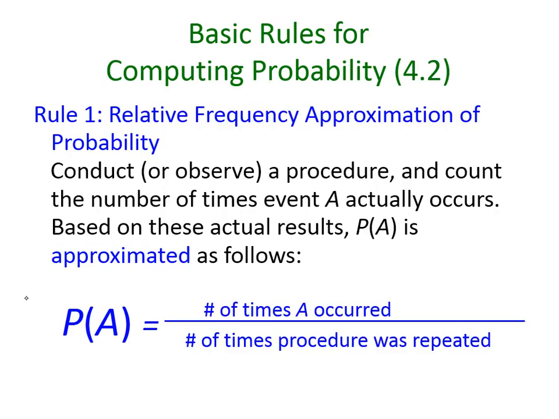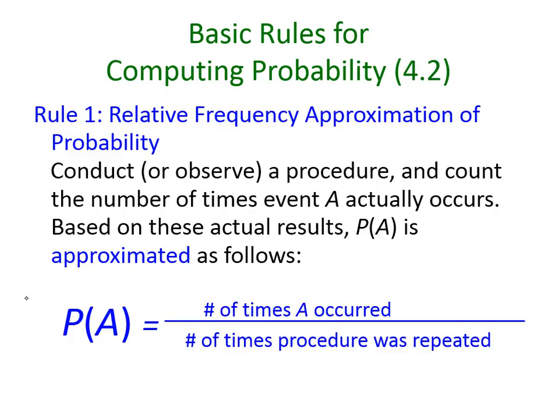So if we were flipping a coin, and I had everybody in here flip a coin 10 times and count how many heads we had, then we could go through and count how many people actually flipped heads out of how many different times we were flipping the coin. We got 9 of you that are in here today.